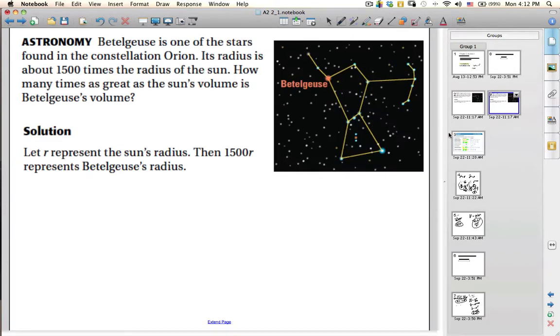And now we'll proceed and we'll solve the problem we originally started with. Now, I have to know some things. I have to know the volume of a sphere is 4/3 times pi r cubed. So I need to know this formula. And if we take a look at this information, r is the sun's radius.